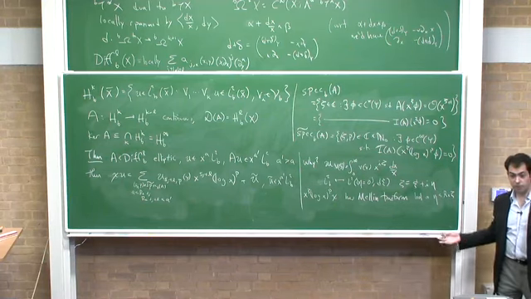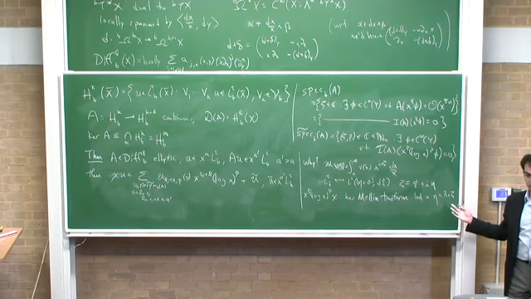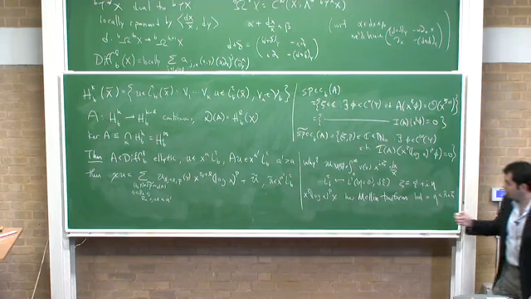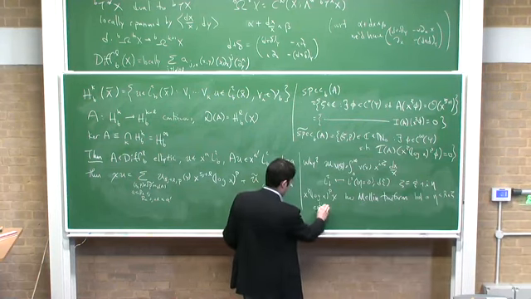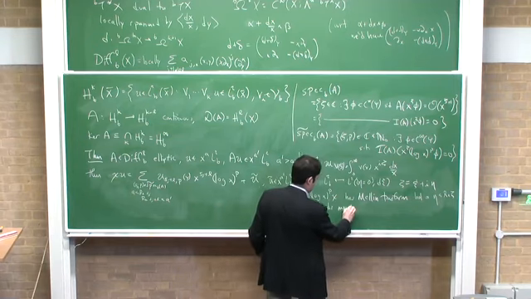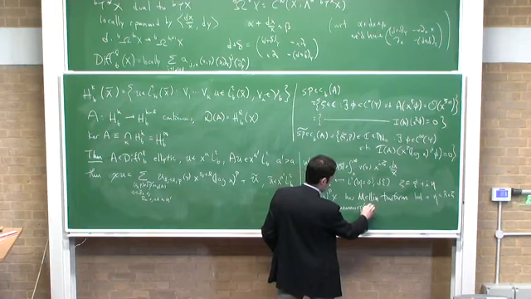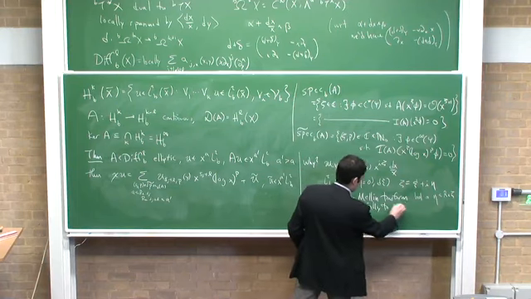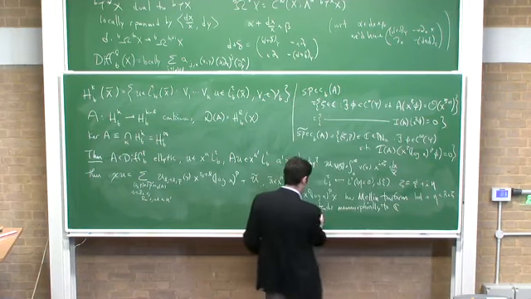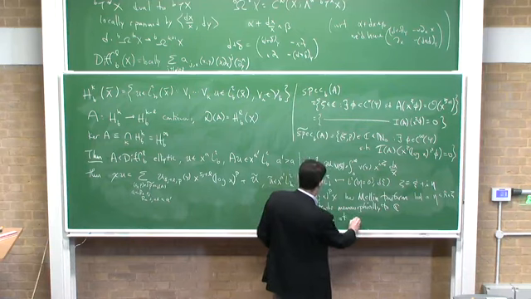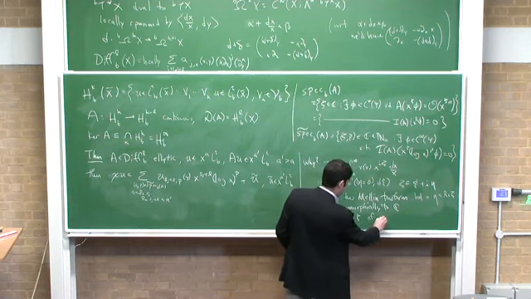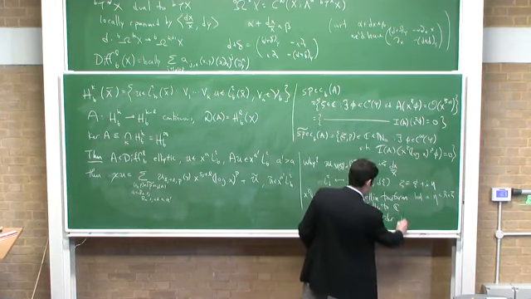It extends meromorphically to the entire complex plane, and it has a pole precisely at I times theta, so it extends meromorphically to the complex plane with a unique pole at I theta of order p plus 1.